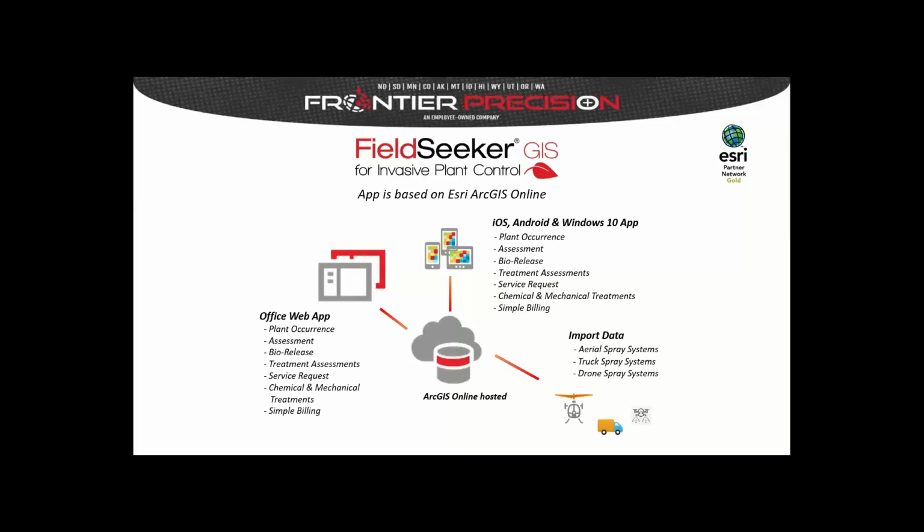It's used for system and pick list configuration, management of the field data, and has data query and reporting tools. And then we have a cross-platform mobile app that's available to run on iOS, Android, and Windows 10 devices. So the information gets collected in the field and then synchronized with the office.